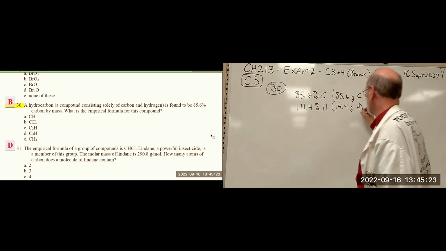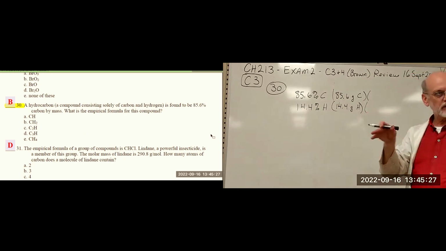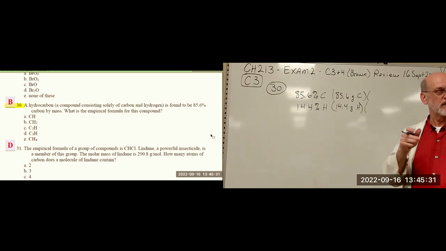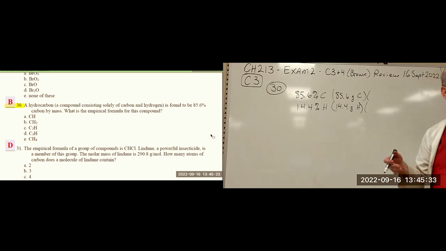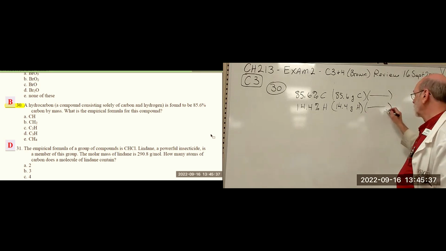Now we can convert to moles, because the formula, whether it's empirical or molecular formula, is always the ratio of numbers of atoms, or moles of atoms, to one another, not mass. Get rid of the grams, leave the moles on top.